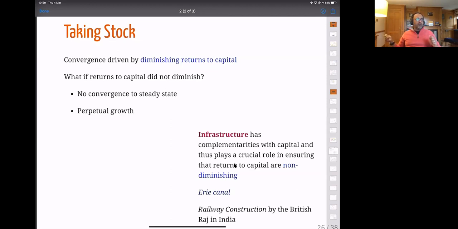And what we think is that once the returns diminish, you settle down on a steady state, and poor countries have settled down on a steady state. Now, it turns out there is something called endogenous growth theory, and it says that actually diminishing returns to capital only happens in developing countries. In developed countries, you don't get diminishing returns to capital.